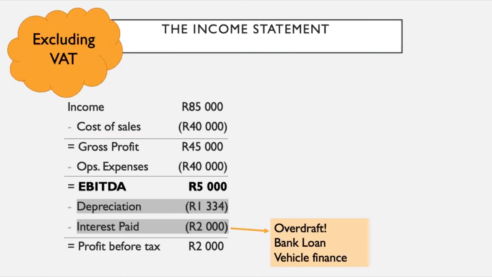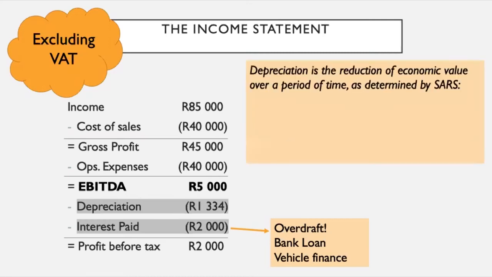Okay. Let's talk about depreciation. So I'm assuming that you guys know depreciation is the reduction of economic value over a period of time as determined by SARS. So every year, SARS publishes depreciation tables where they give you an indication of over what amount of time we have to depreciate our assets.